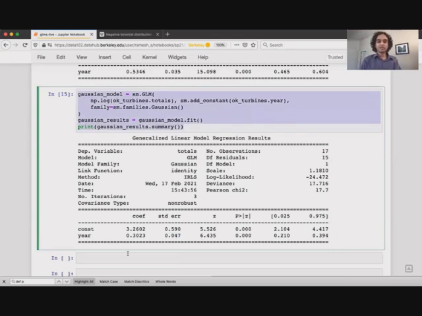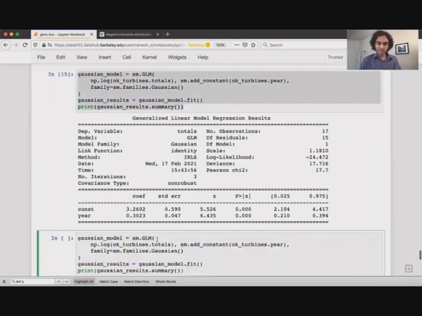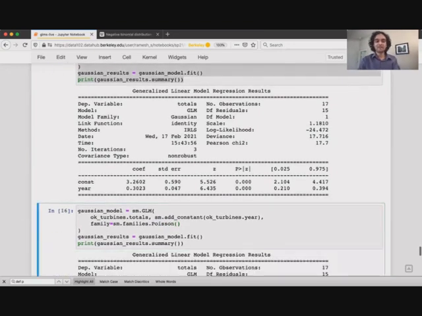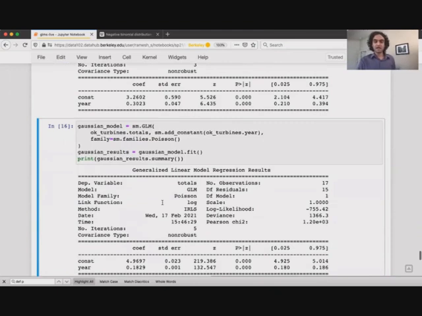Now, what if we wanted to do the Poisson model? Well, we could do something similar. Remember, for the Poisson model, we didn't need to take the log because it assumes an exponential link function. I'm just going to try this, and let's see if it works. Yes, it does. The model family is Poisson. The link function is log. It knew that automatically.